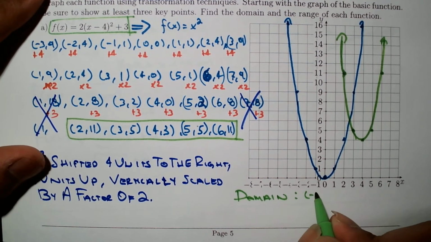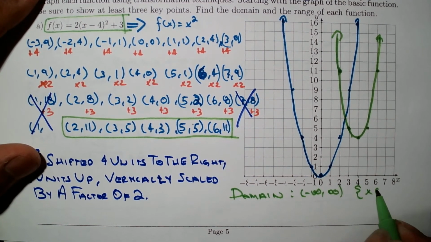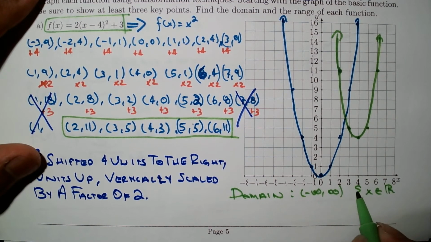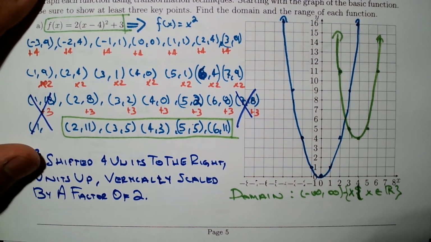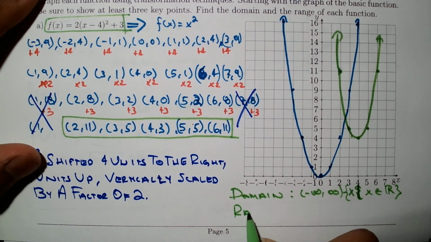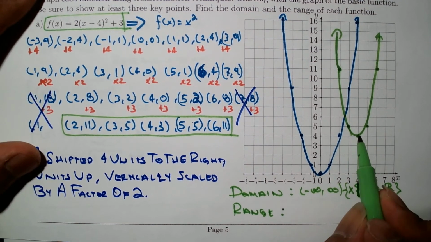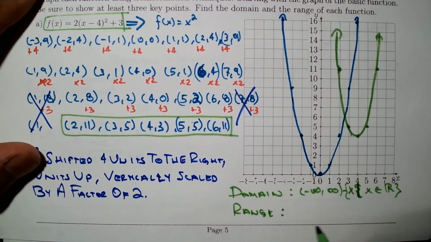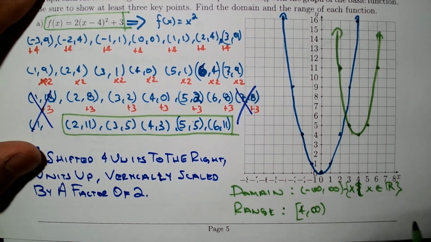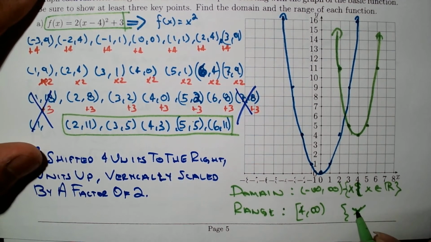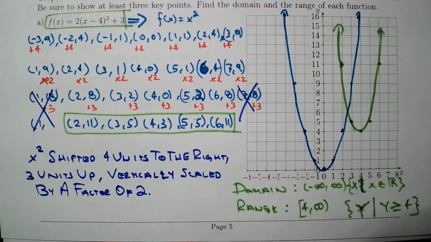It's going to be -infinity to +infinity, or in set notation, x such that x belongs to the set of all real numbers. And the range is not going to be all the real numbers. If you look at the range, the lowest point in the y values is 4. In set notation, y such that y is greater than or equal to 4. All right.